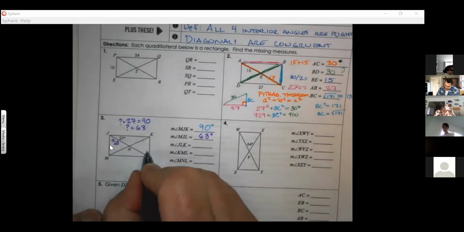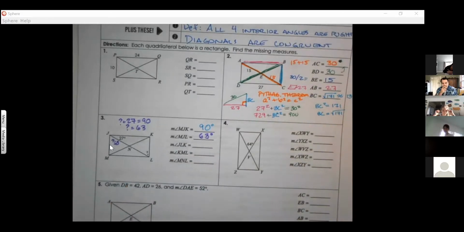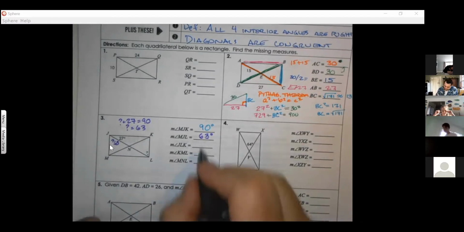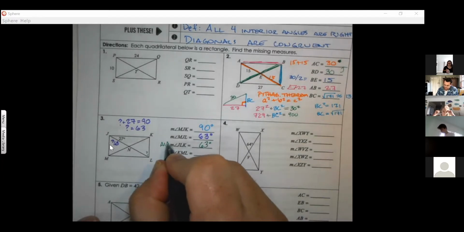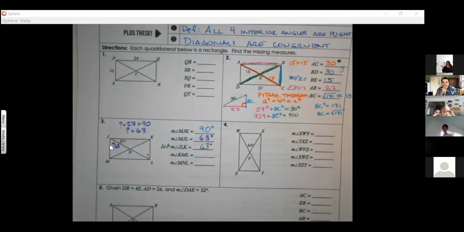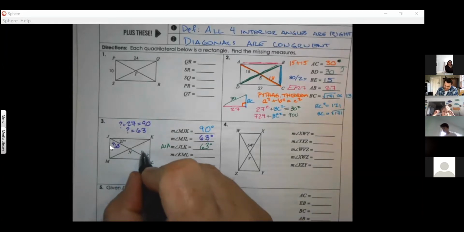JLK. So now we want to find this one. Wouldn't it also be 63? Good. Why? Because it's congruent with MJL. Good, and they're the same because they're AIA, right? Alternate interior angles.